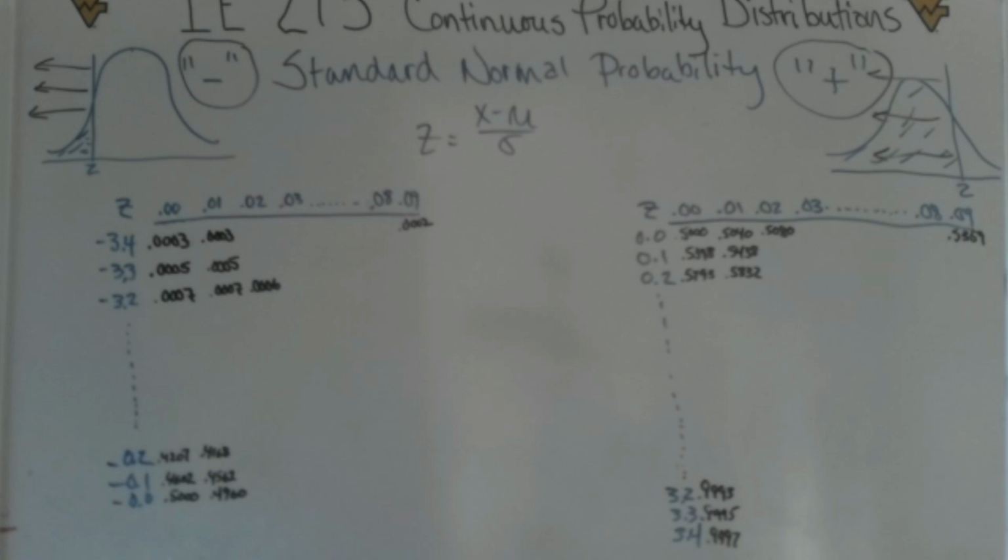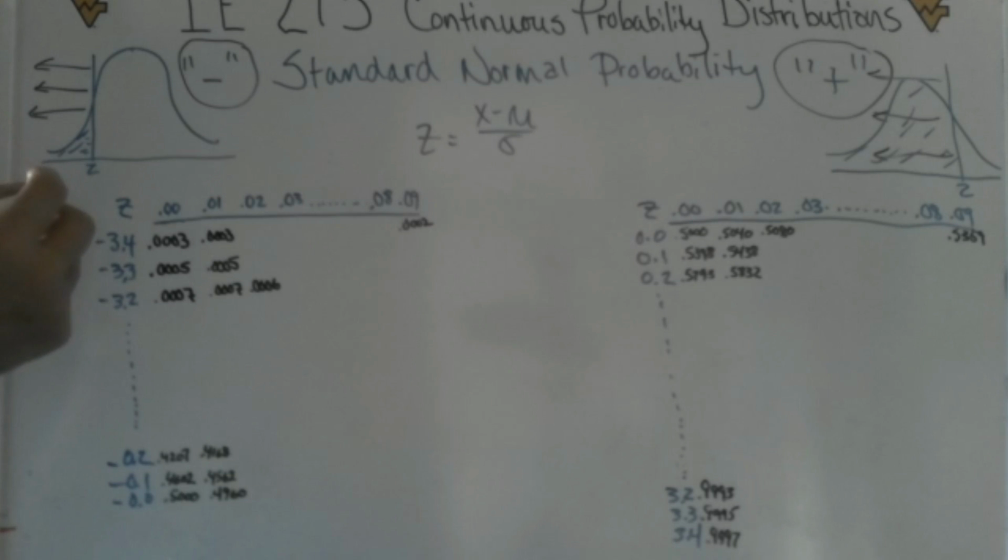In column 1, you have z, which is the beginning numbers for your z-value. On the negative side, it goes from negative 0.0 to negative 3.4. On the positive side, it goes from 0.0 to a positive 3.4.